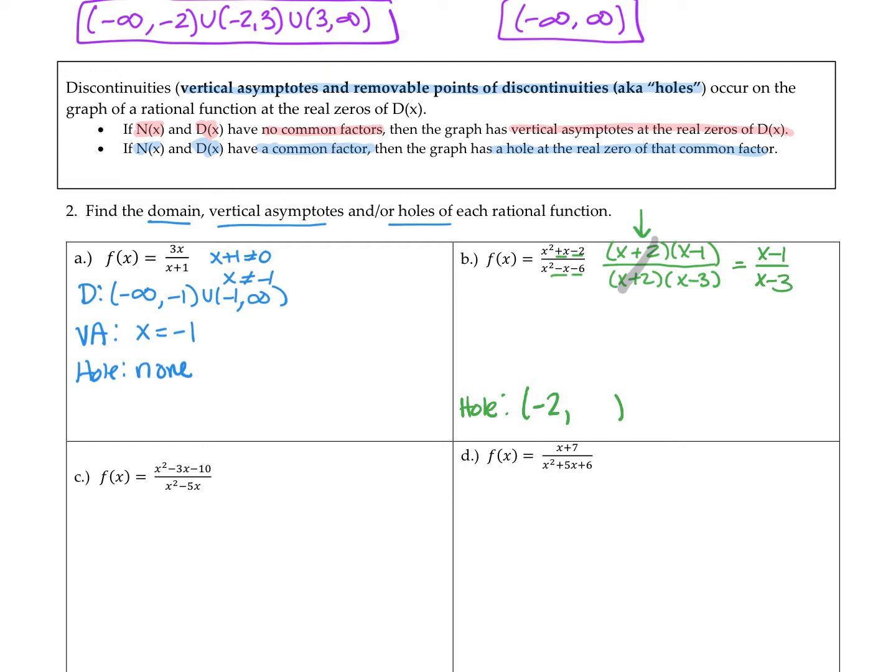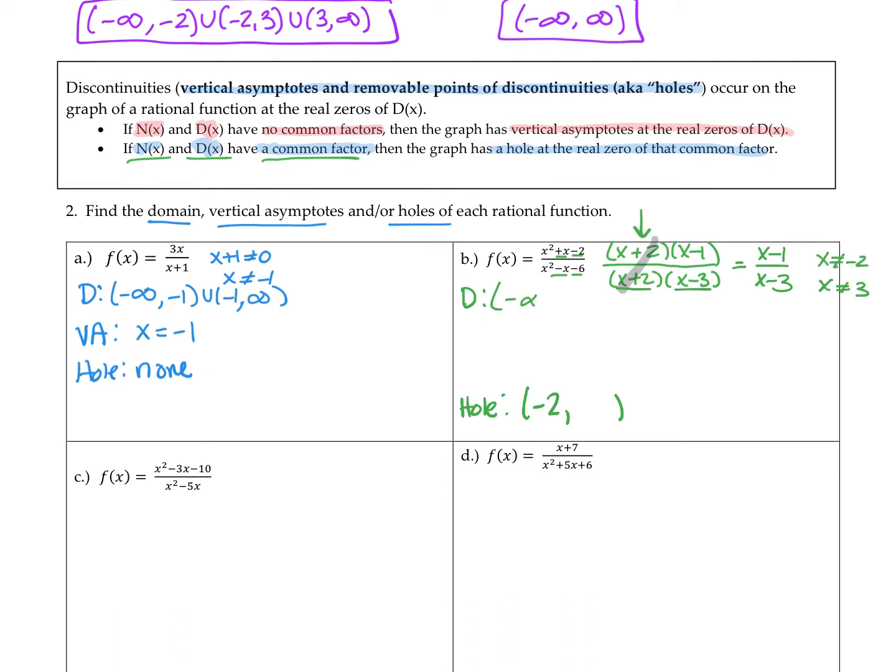Because if I have a factor that I can remove, such as x plus 2 over x plus 2, that is where my hole would be. That's what it means by having a common factor in the numerator and the denominator. I have x plus 2 in the numerator and the denominator. But when we do our domain, we need to think about it before it was simplified. So again, x cannot equal negative 2 and x cannot equal 3.